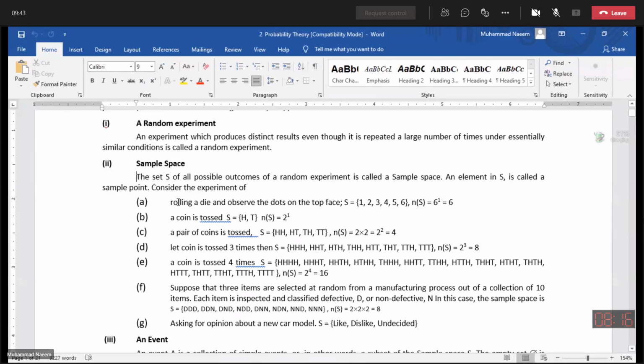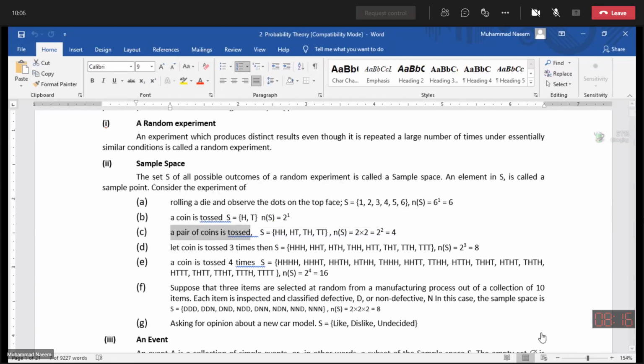For example, we roll a dice, a coin is tossed, a pair of coins is tossed, or a coin is tossed 3 times, a coin is tossed 4 times.